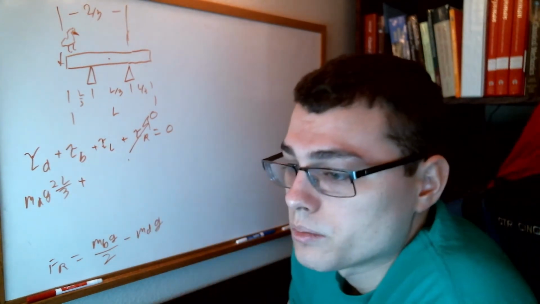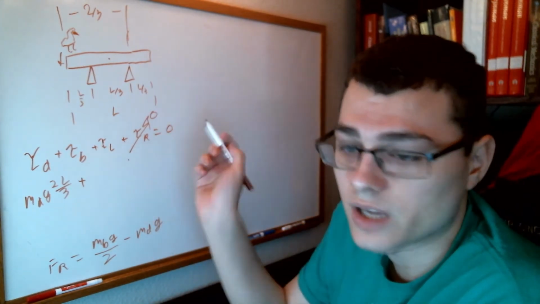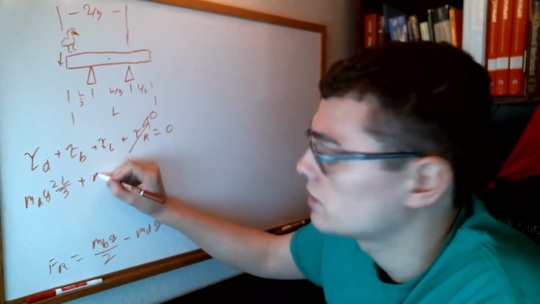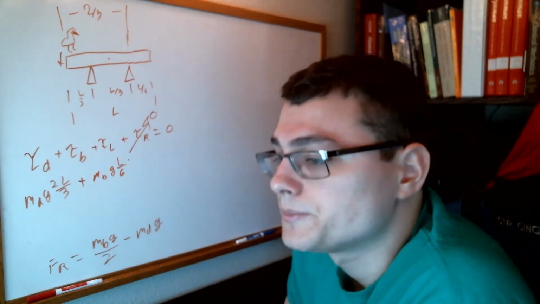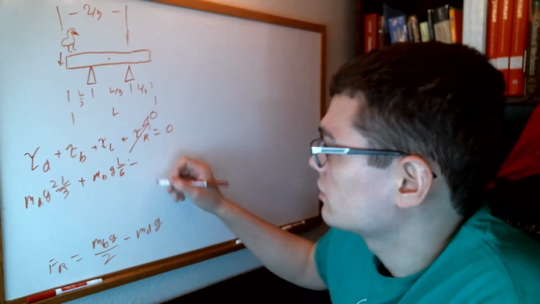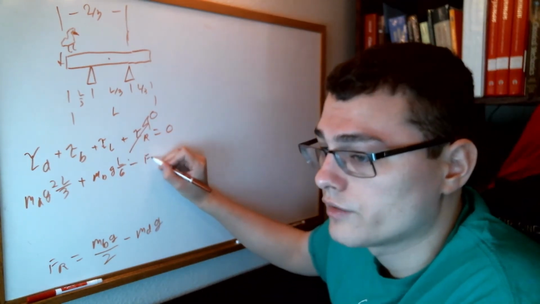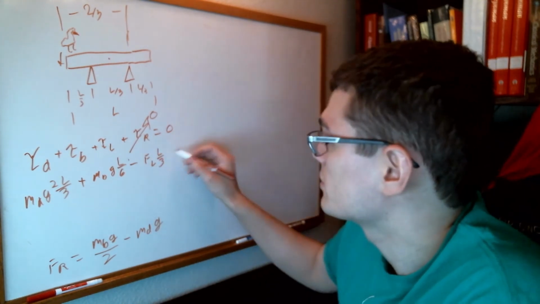Plus this B, which is going to be the same as before because it's the same distance from either pillar, MB G L over 6. And then this is going to be our quantity here for FL over 3. And then this last part 0.